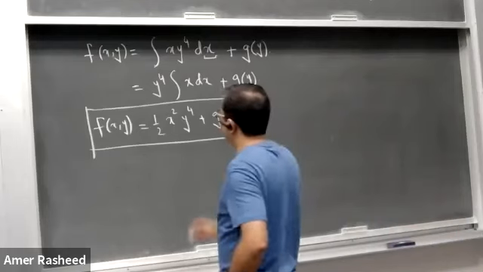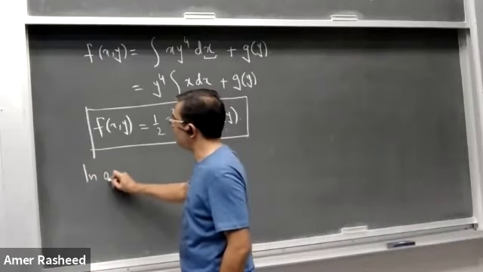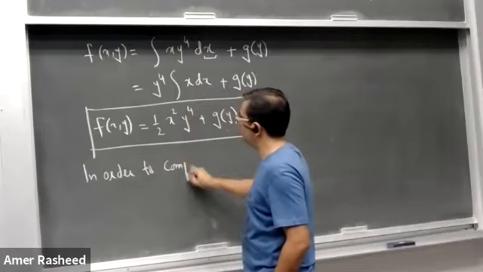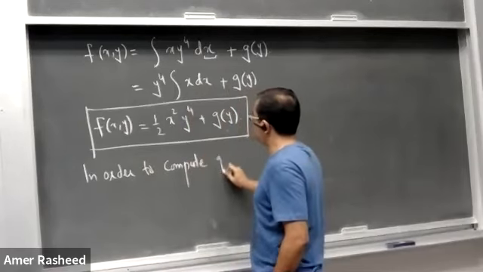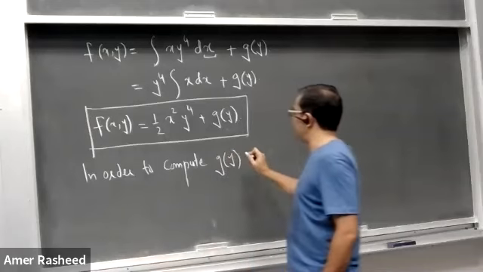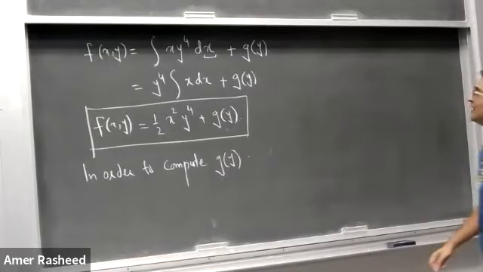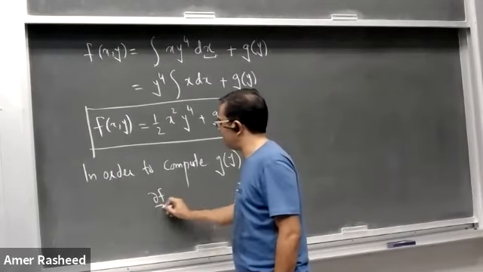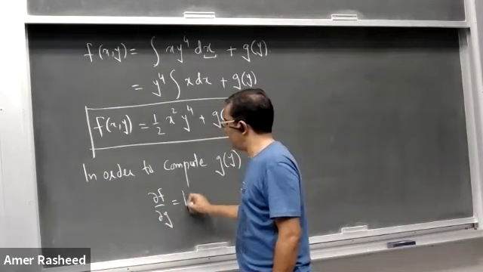In order to compute g of y, we use the other equation: partial f over partial y is equal to N.